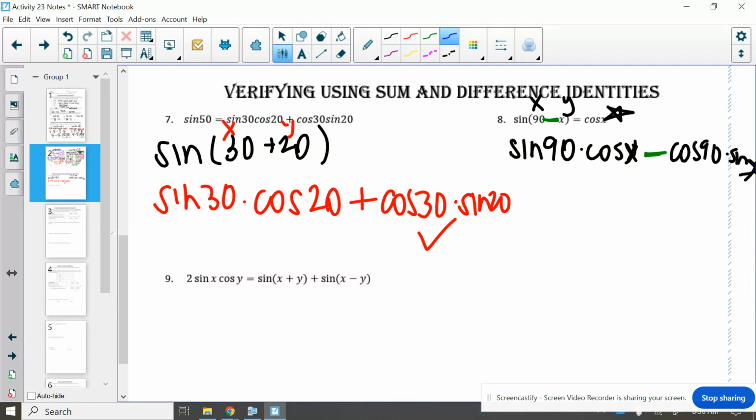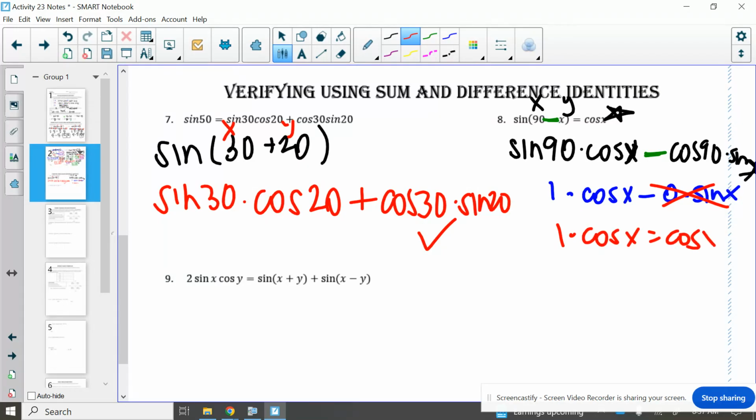Well, sine of 90 degrees is 1, and then cosine of 90 degrees is 0. Anything times 0 cancels out. And then 1 times cosine ends up equaling cosine, which was our goal from the beginning. So we could check off that we verified that.